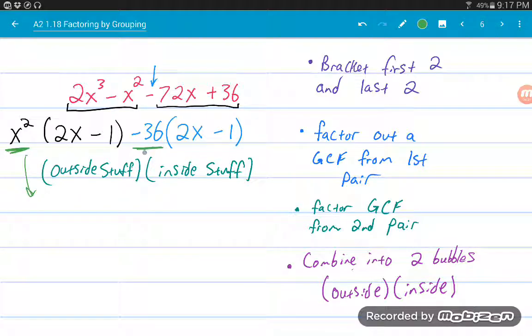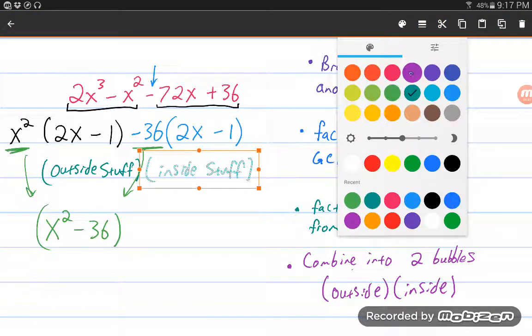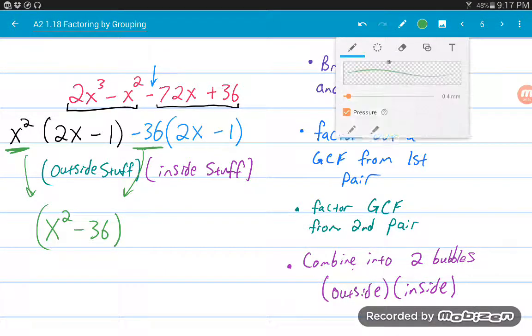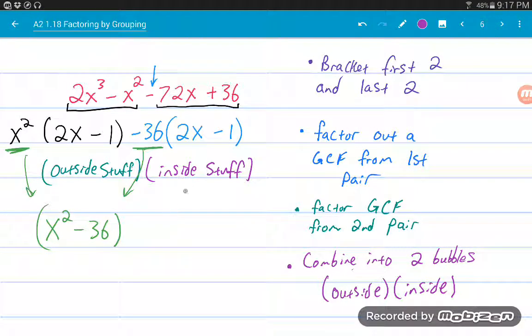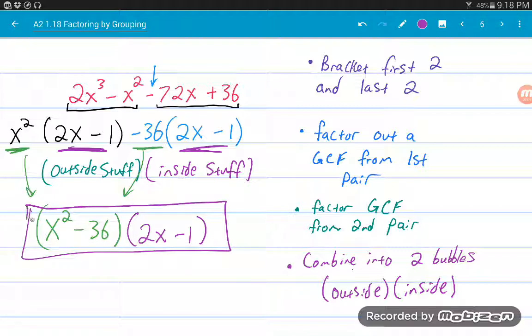So we can take both of those, bring them down here, and make this x squared minus 36. Now, the inside stuff is going to be this guy and this guy. They're both inside the parentheses, so I'm just going to smush them together into a single 2x minus 1. And that's my fully factored answer.